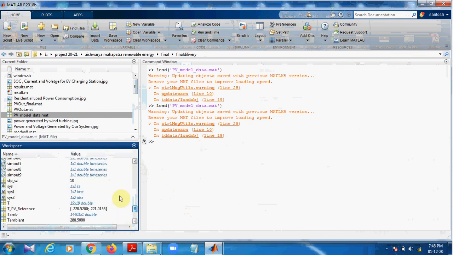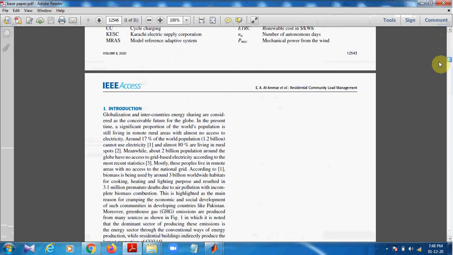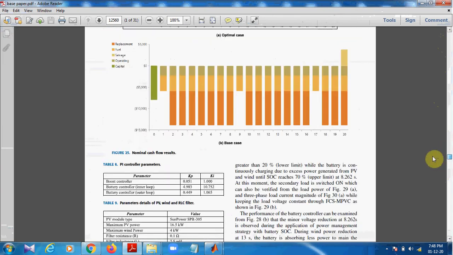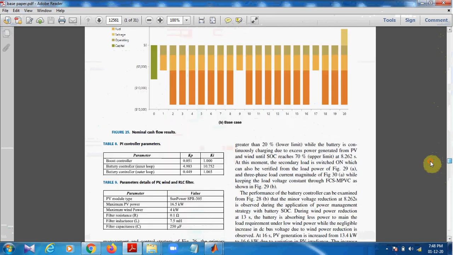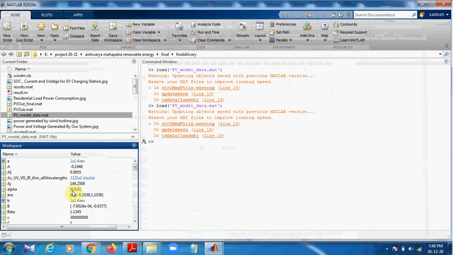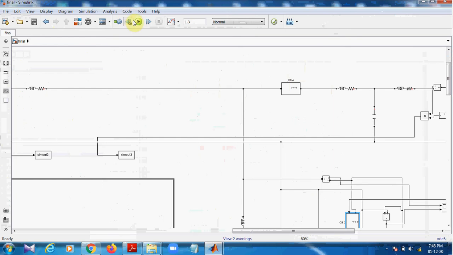There are lots of values which are given. These values were specified in this paper in various sections, like different characteristics like KP, KI, maximum power, wind. There are lots of properties which are given. These properties were converted into this PV model data.mat file. Once we load that mat file, we have to run the simulation.